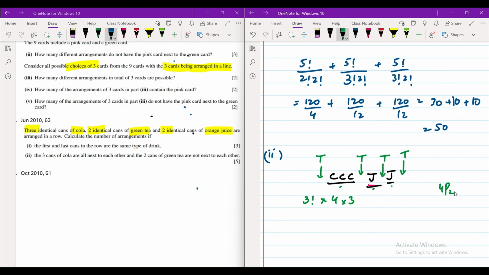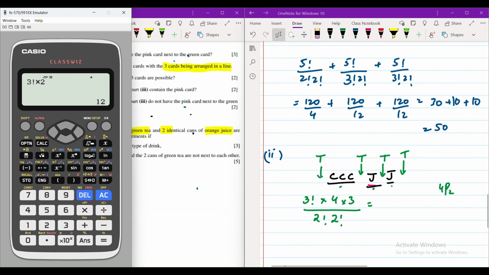And divided by 2 factorial for the identical juices and 2 factorial for the 2 identical teas. So the 2 factorial and 2 factorial will cancel out with the 4, so it's just 3 factorial times by 3. So 6 times by 3, which is 18.